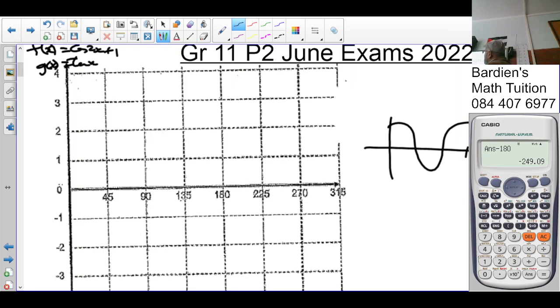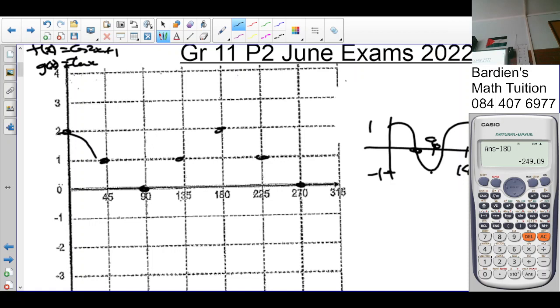But because it's 2, it's going to be 180. Plus 1 shifts this graph 1 unit up. Okay? Which makes then the maximum value 2. So you got 2. This, which is 0, becomes 1 now. And this is 90, so that's 45. And 90, which is minus 1, becomes 0. So I repeat that thing going through, and there we go.